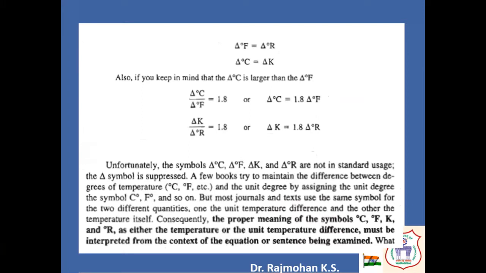So what we have is 100 delta degree Celsius is equal to 180 delta degree Fahrenheit. So delta C by delta F is equal to 180 by 100, which is 1.8. Similarly, delta K by delta R is equal to 180 by 100, which is equal to 1.8. So delta K by delta R equal to 1.8.